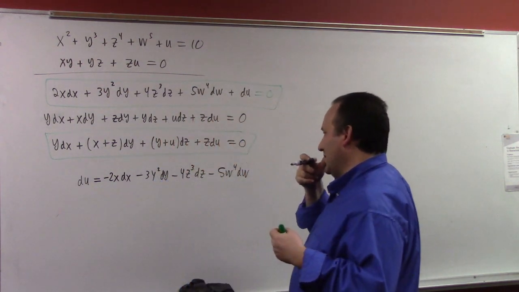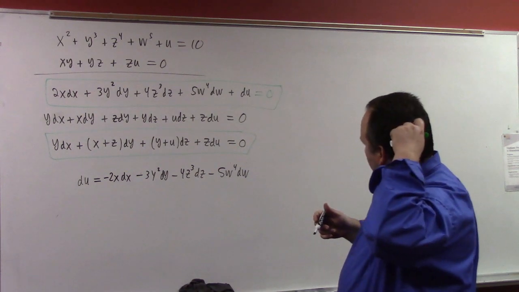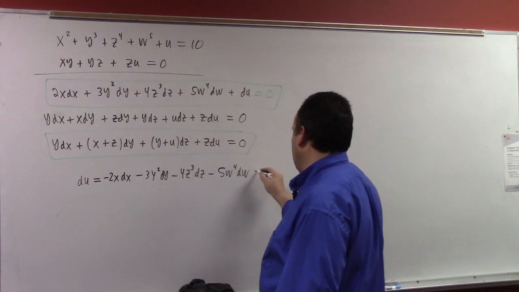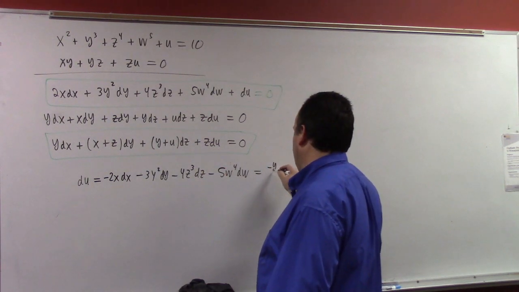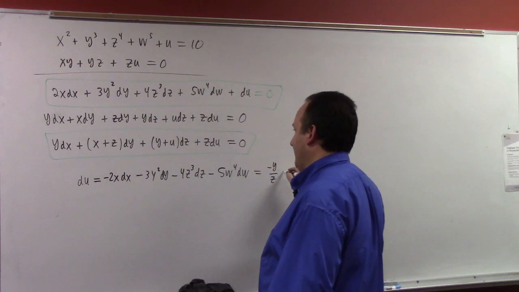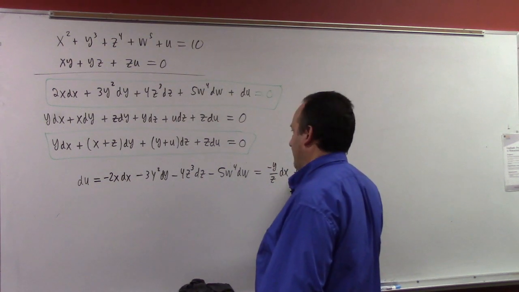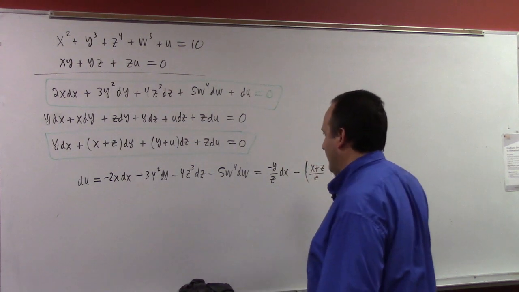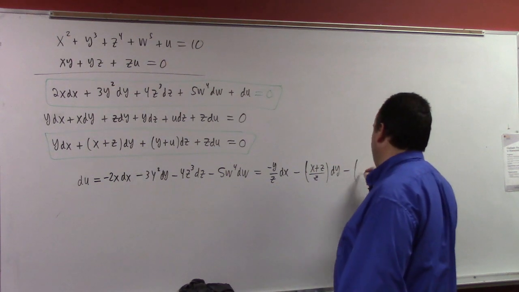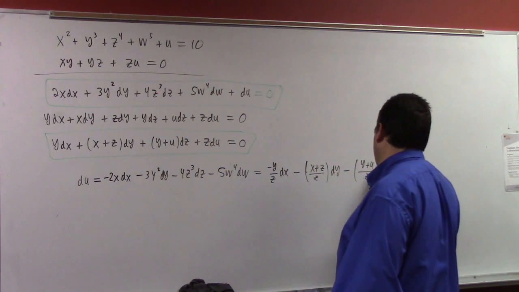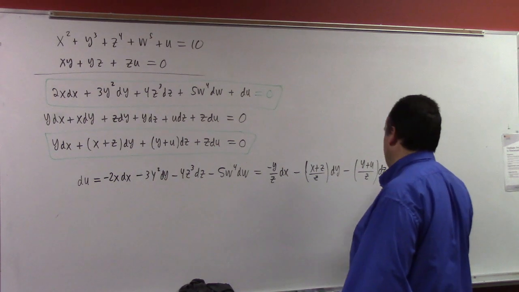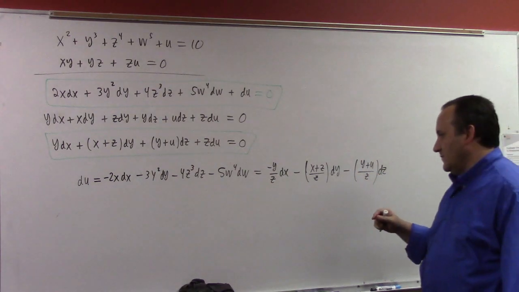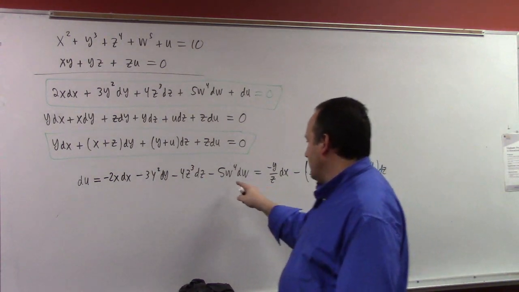That's my du. But let's see here. I could also solve this one for du, right? So I solve this one for du. They're equal. So I can then solve for dw, right?